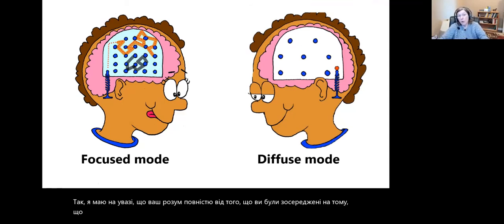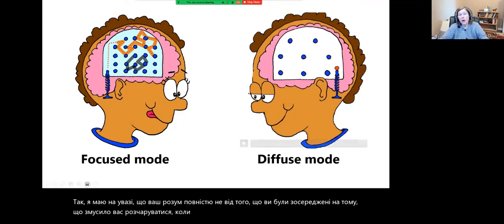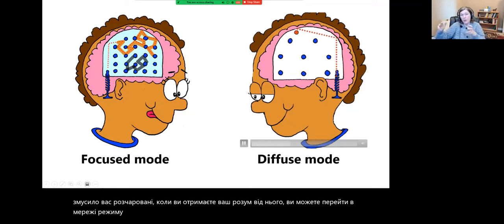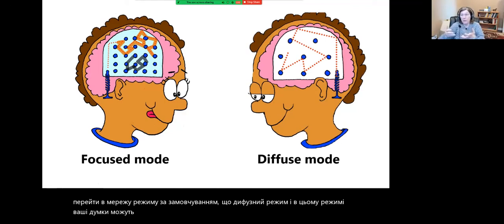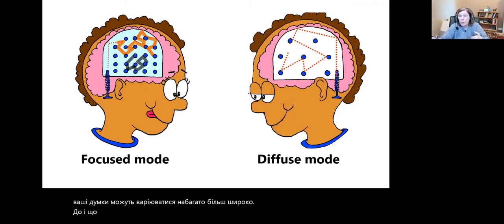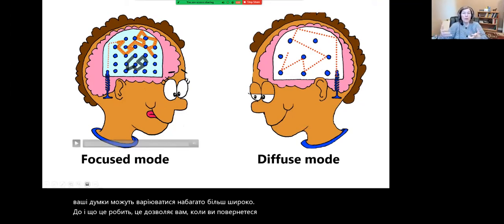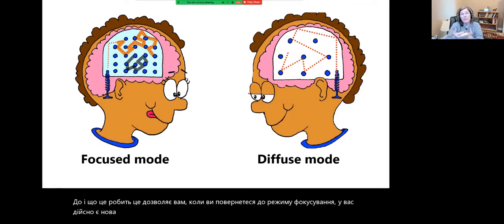When you get your mind off of it, you can go into the default mode network, that diffuse mode. And in this mode, your thoughts can range much more widely, and what this does is it allows you, when you return to the focus mode, to have a new perspective and a new way of looking at that problem that can allow you to solve it.